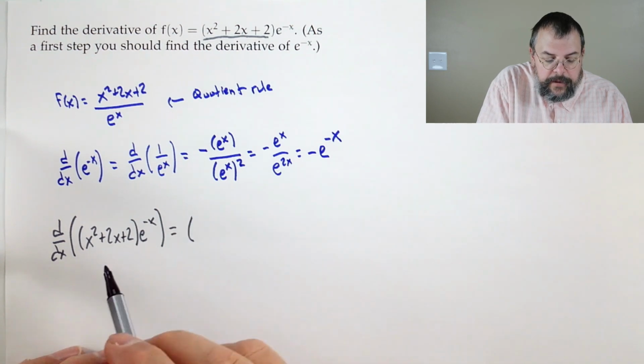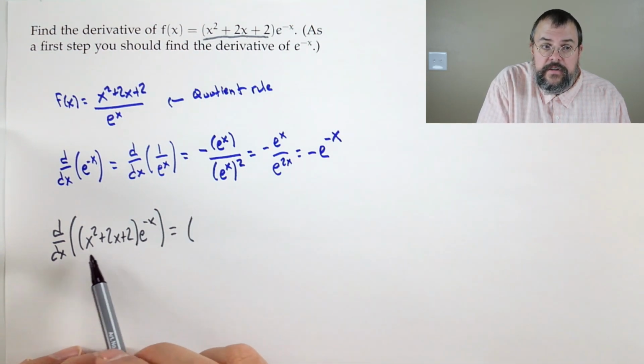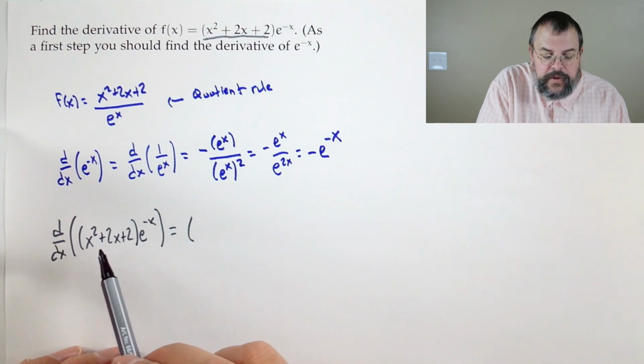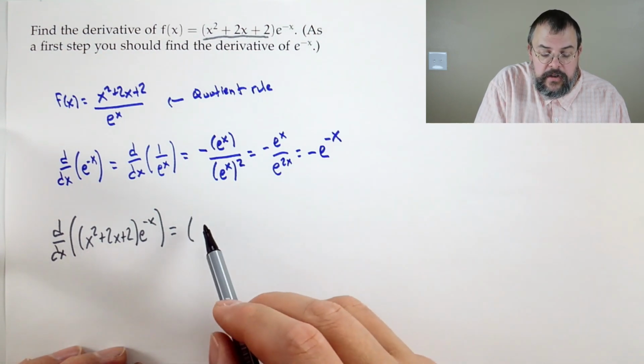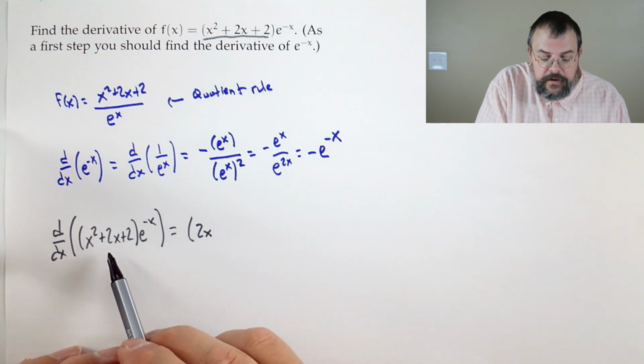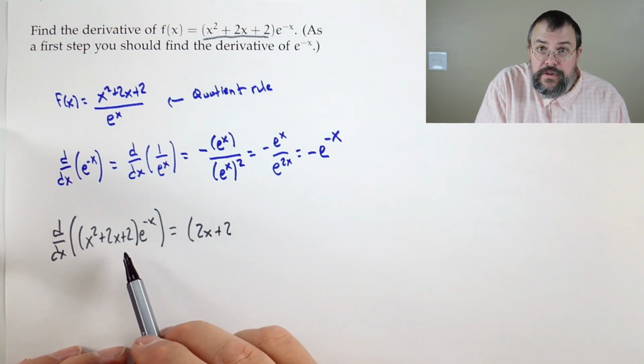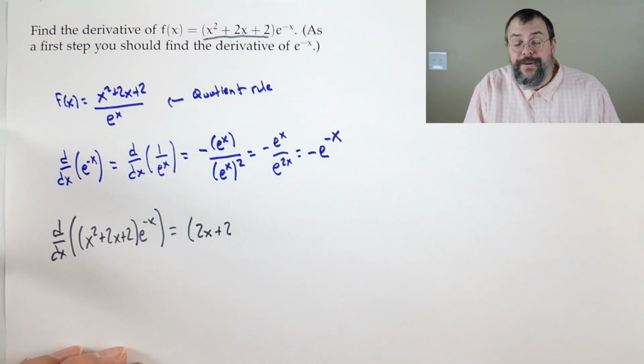I see that there's a lot of things being added, which means I take the derivative of each piece and add it up. Derivative of x squared is 2x. Derivative of 2x is 2. Derivative of 2 is 0. Derivative of a constant is always 0.